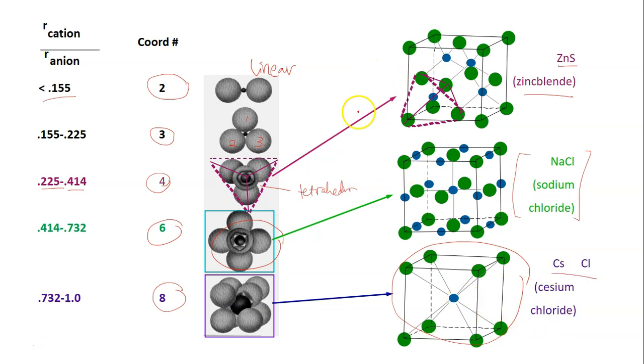Out of these, the most common coordination numbers for ceramics are 4, 6, and 8, which are represented by zinc blende, sodium chloride, and cesium chloride.